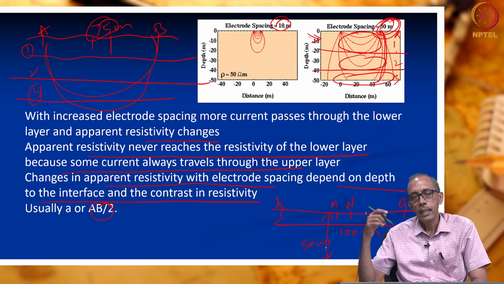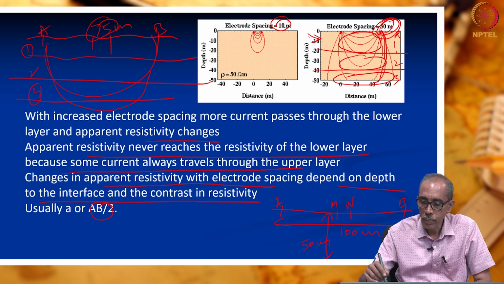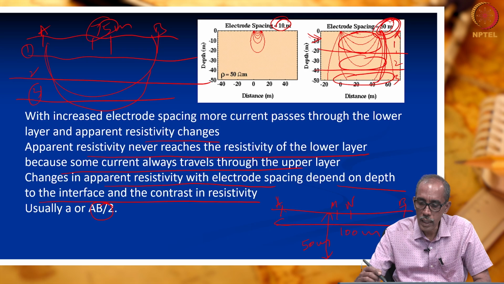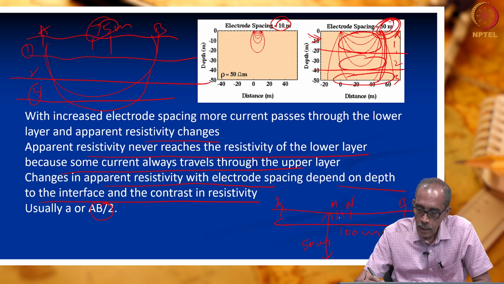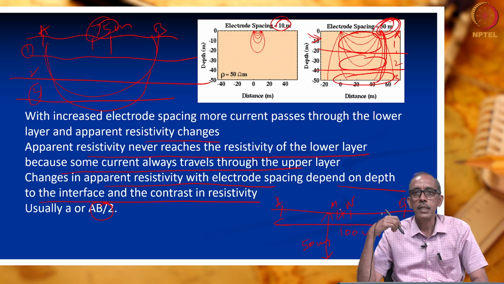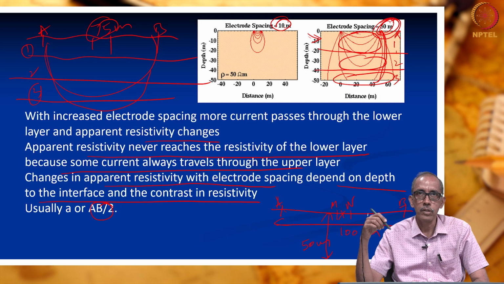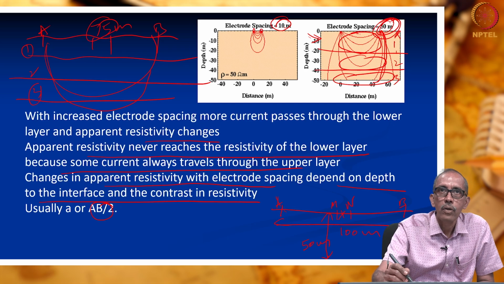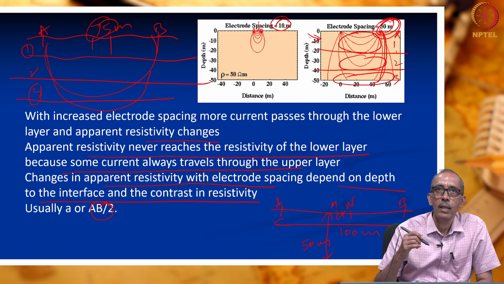Then the apparent resistivity value which we obtain for this configuration is pertaining to which location? Always it is pertaining to the center of the electrode spread, which means when the electrodes are kept at 10 meters apart, looking at this diagram, we are measuring the resistivity at the center point.